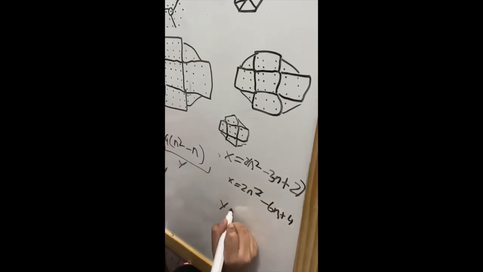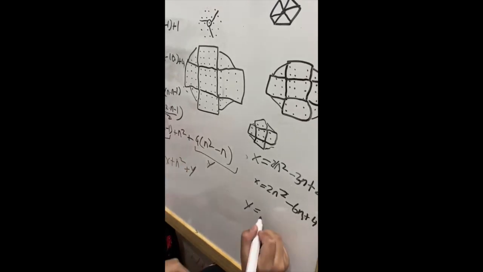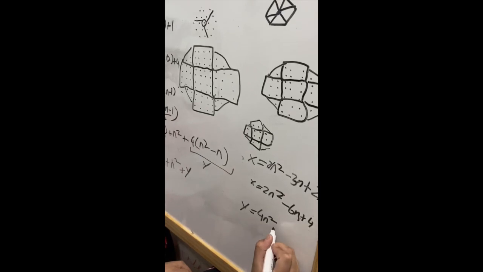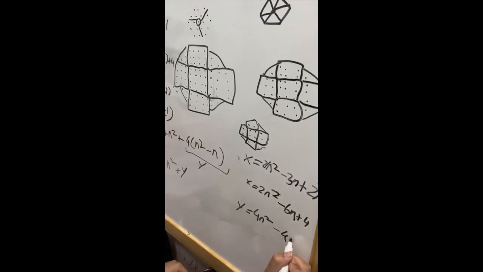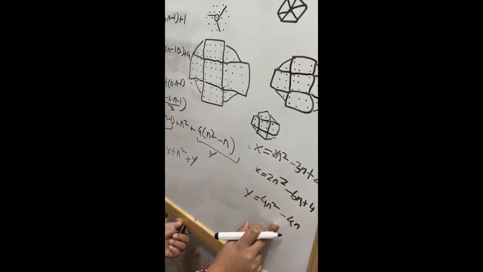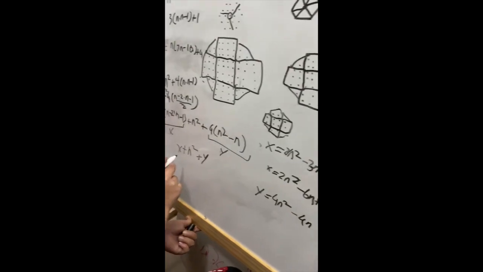Now y is equal to, for this, 4n squared minus 4n. Simple. Now we can substitute these in. Now you can see we have 2n squared, 4n squared, and another lone n squared.